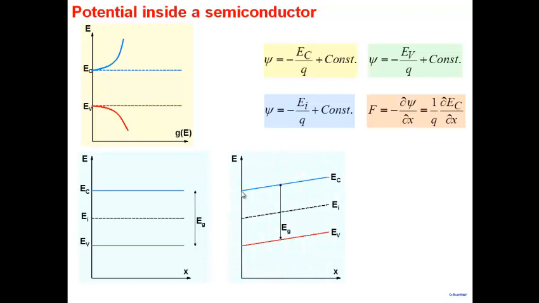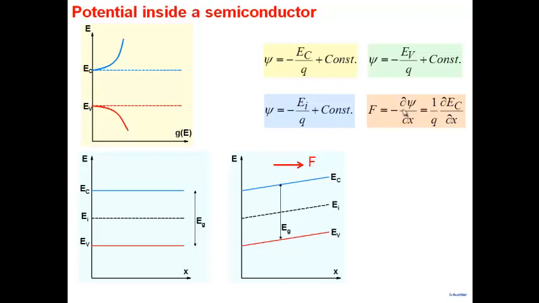Suppose I draw like this now. All right. Is there an electric field? Where? Which direction? From left to right, right? From left to right, note 1 by Q del EC by del x here. Does it make sense that this is from left to right? So we are saying that the electric field will be in this direction. Let's see whether it makes sense.